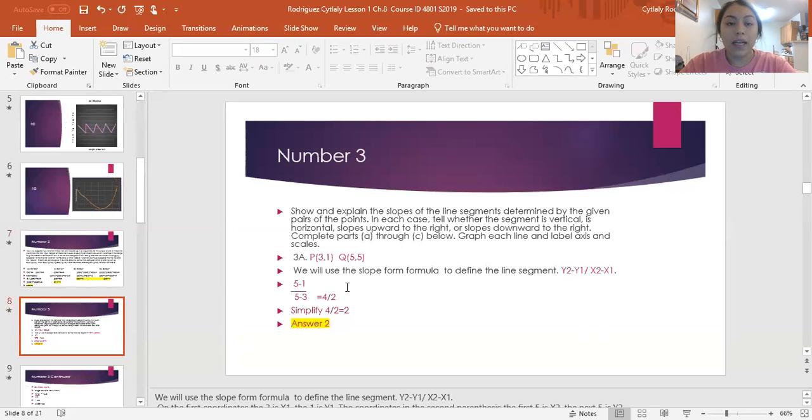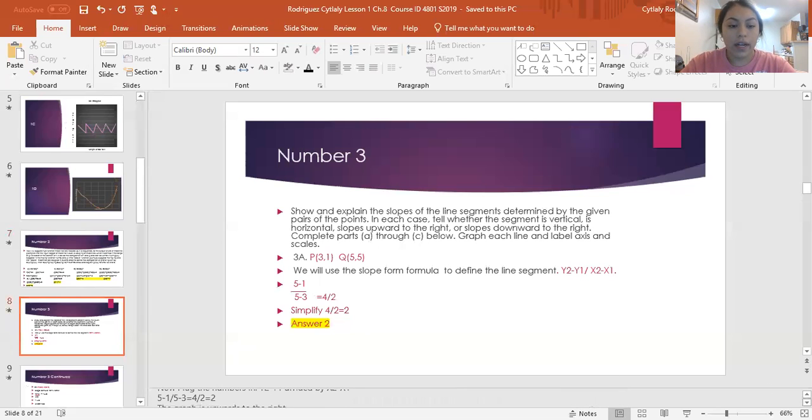So you do 5 minus 1 divided by 5 minus 3, and then you get 4 divided by 2. And then from 4 divided by 2, we're going to simplify. 4 divided by 2 is 2, and we get 2. That's how our answer is 2. If you were to graph this, it will go upwards to the right.